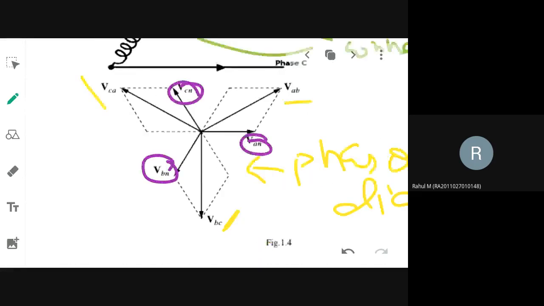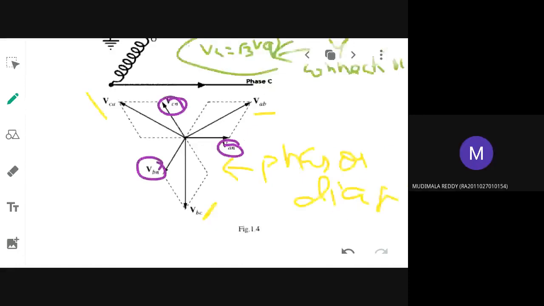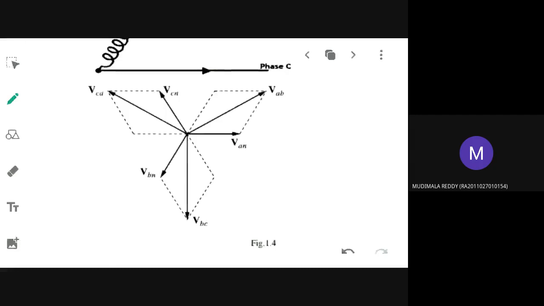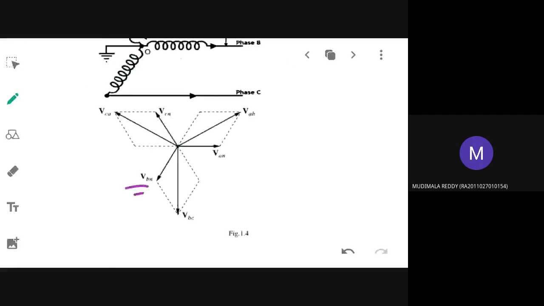Okay, so let me update a little bit. This is my VBN. If I draw the opposite vector, that will be my minus VBN. So I want to derive the formula for VAB. I will take the vector sum between VAN and minus VBN.